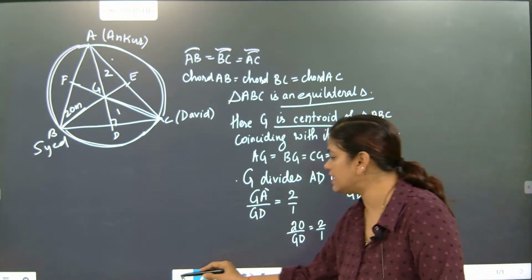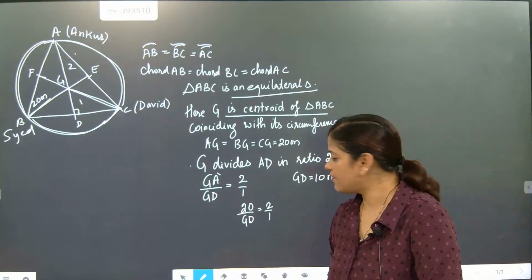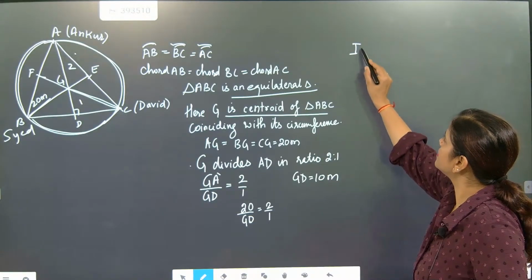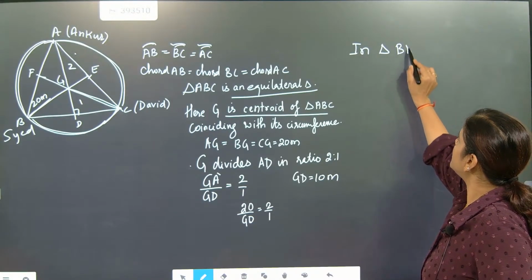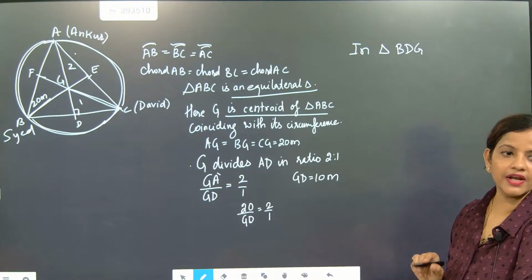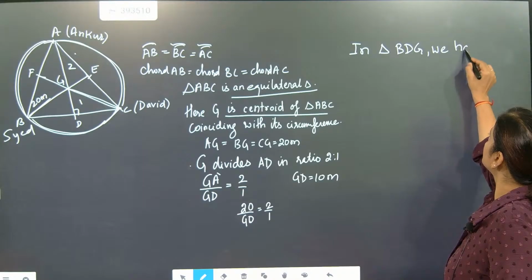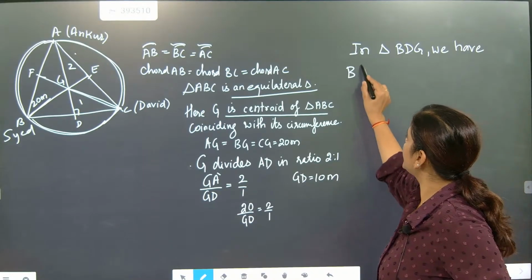After writing till here, what is the next step we are going to do? Our next step, what are we going to write, beta? So in triangle BDG, we note down BG square.